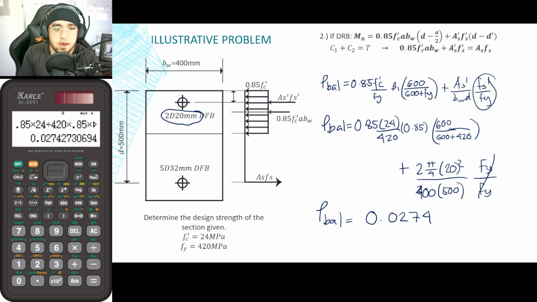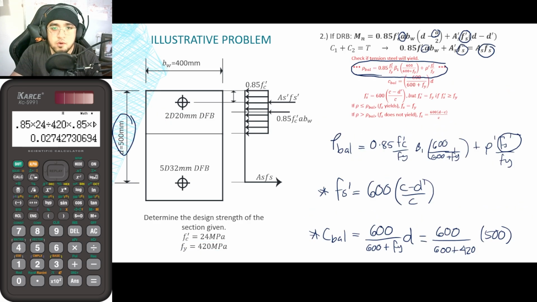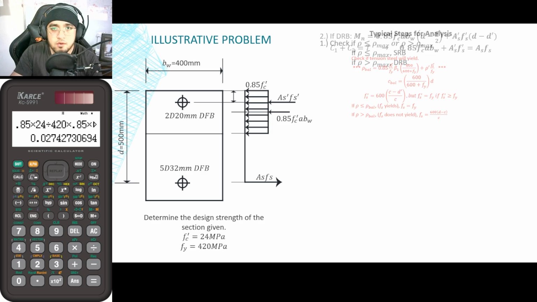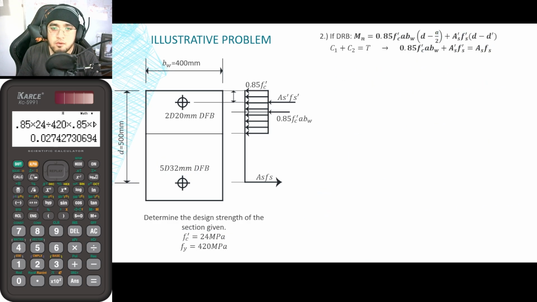Looking at our previously solved value for rho, the actual rho was 0.020. As you can see, it is actually less than rho balanced.